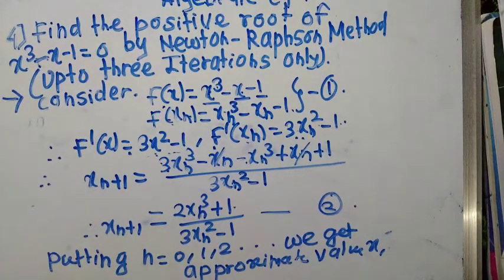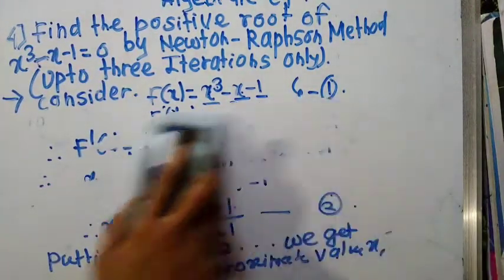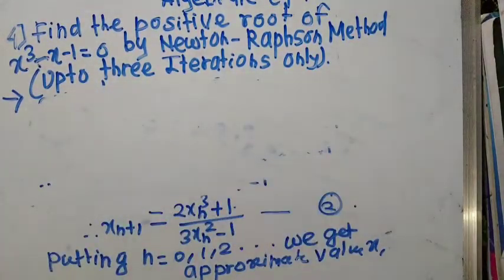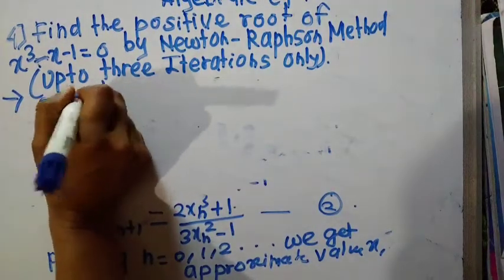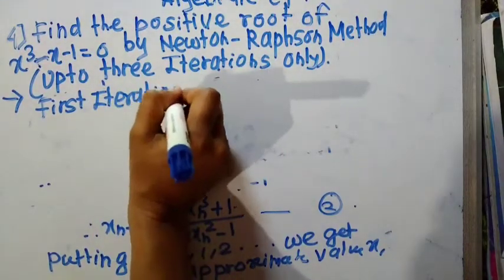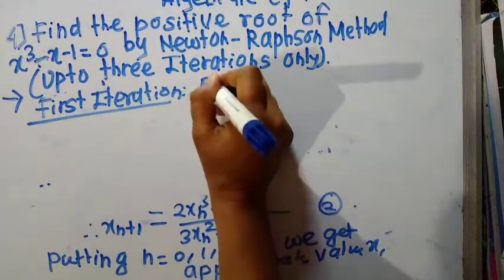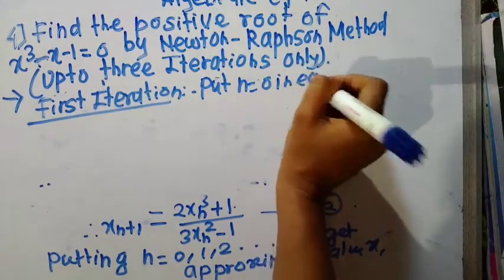So find out the first iteration. So in the first iteration, put n is equal to 0 in equation second.